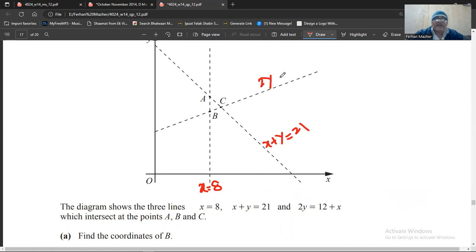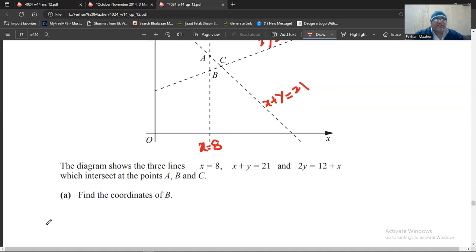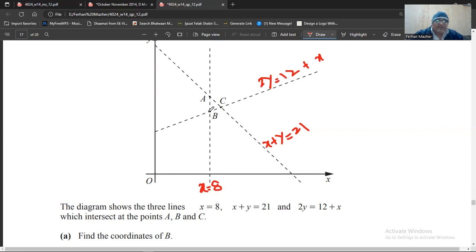Okay, 2y is equal to 12 plus x. So this is the BC line. The first question is: the diagram shows the 3 lines, x equals 8, x plus y equals 21, and 2y equals 12 plus x, which intersect at the points A, B, and C. Find the coordinates of the point B. It is the intersection of the AB line and the BC line.